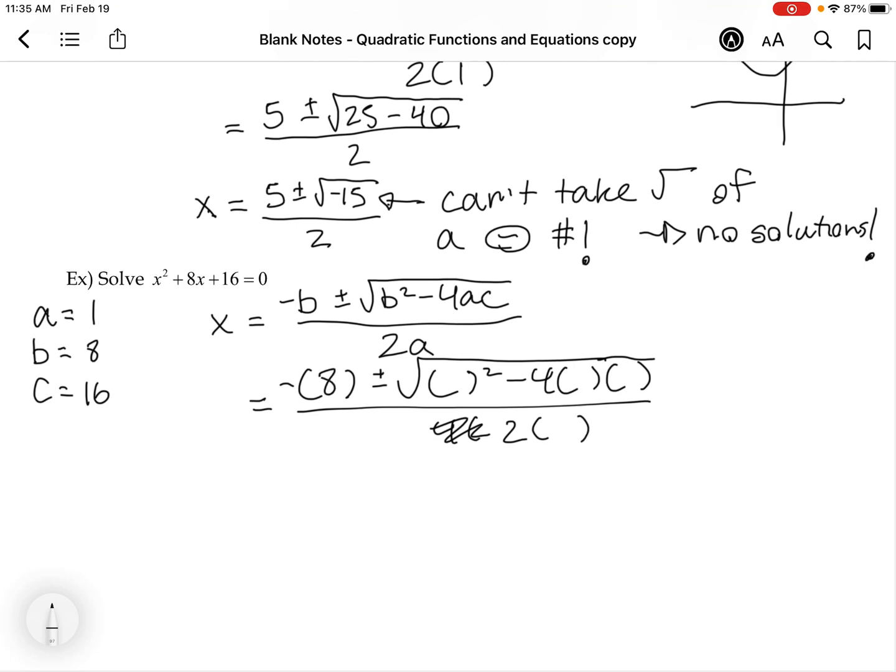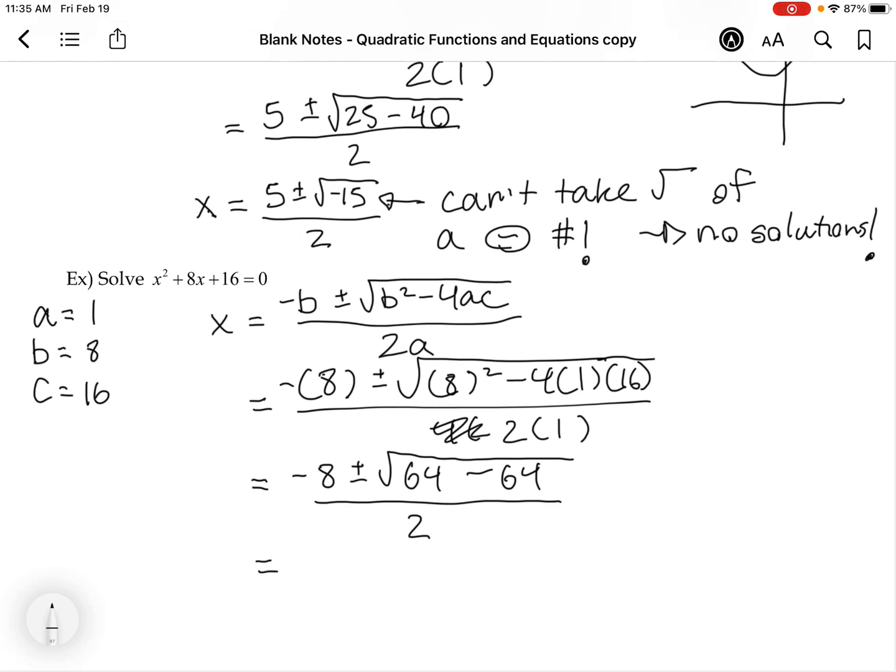And I'm going to put in my b value, 8, b squared minus 4ac all over 2a. Here we go. And now I'll evaluate. So negative 8 plus or minus the square root of 8 squared is 64, minus 4 times 1 times 16 is 64, all over 2.